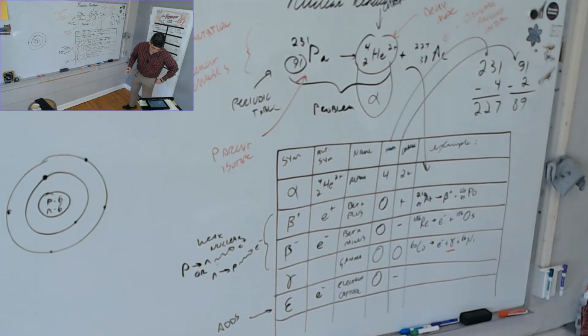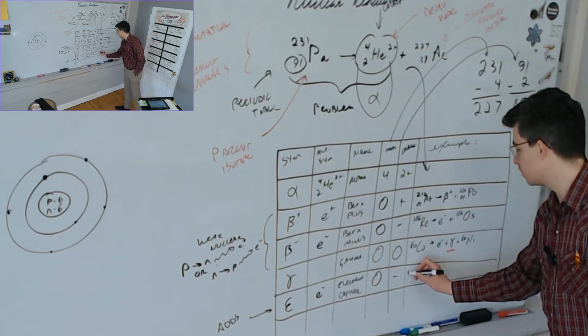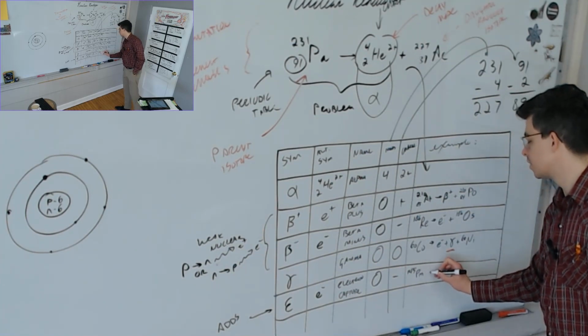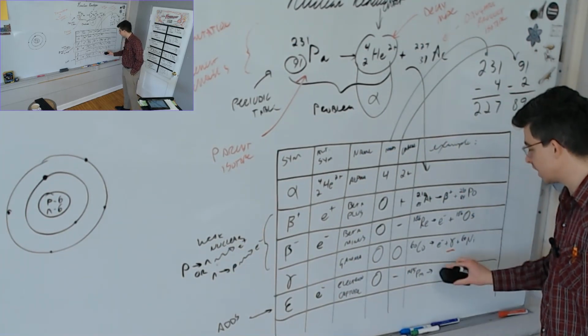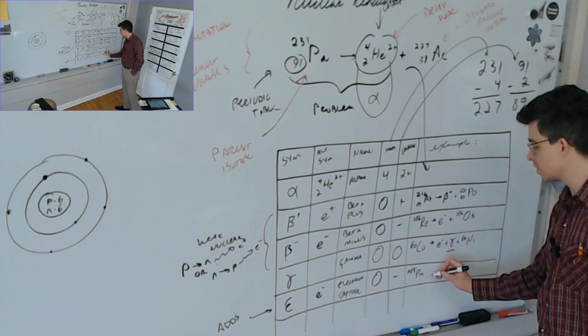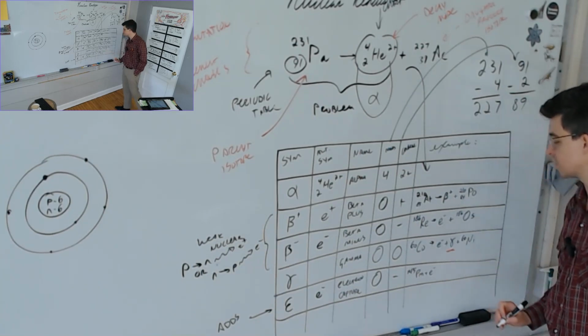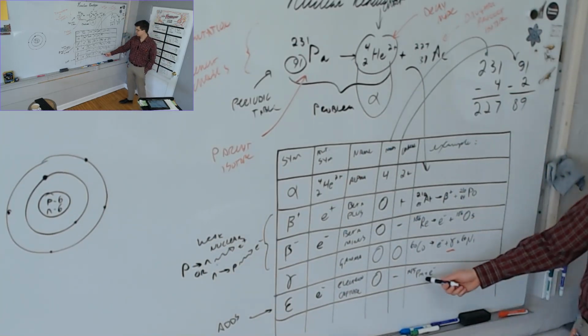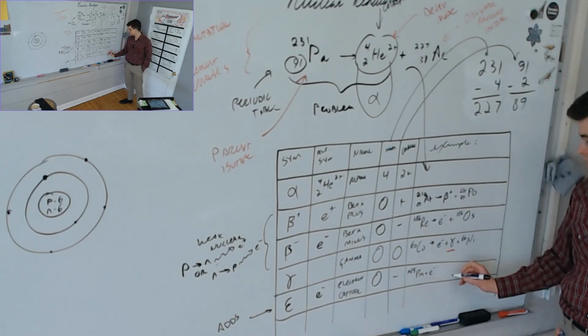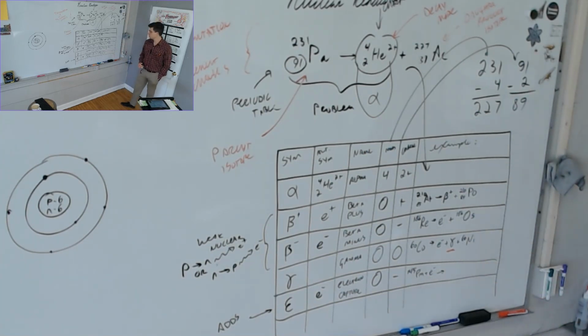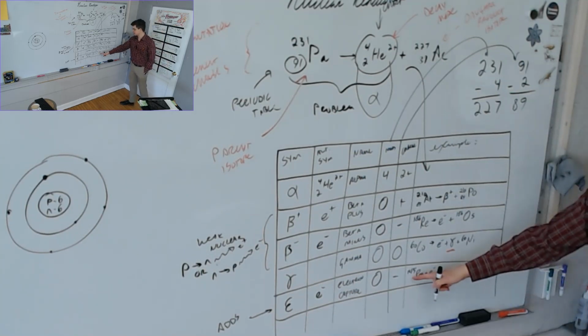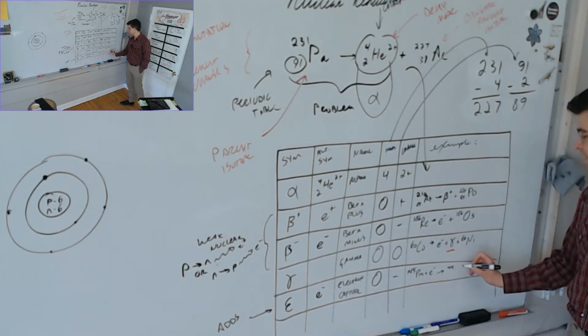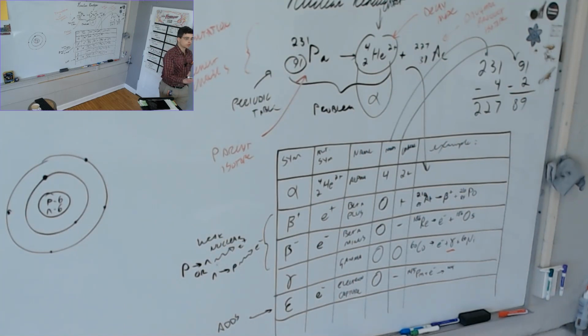Other brands are available. Promethium-145 undergoes electron capture, but check it out. In the electron capture, we put the electron on the same side. It's combining with the nucleus. So, will its mass change? Does the electron have mass? No. I mean, not in a way that's going to change this number. So 145 is still it. But now, it has absorbed a negative charge.